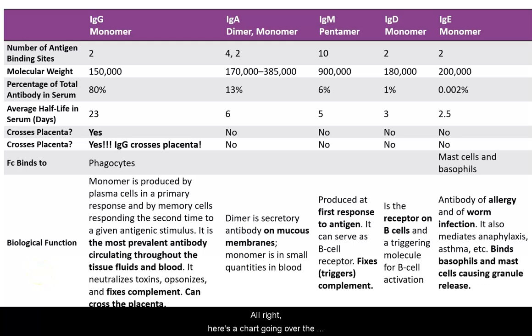All right, here's a chart going over the different antibodies, and I do want you to be pretty familiar with this chart. So I'm just going to walk you through it. First, let's talk about IgG. This is a monomer, so it's found as a single antibody, a single Y-shaped protein. I want you to know that IgG crosses the placenta.